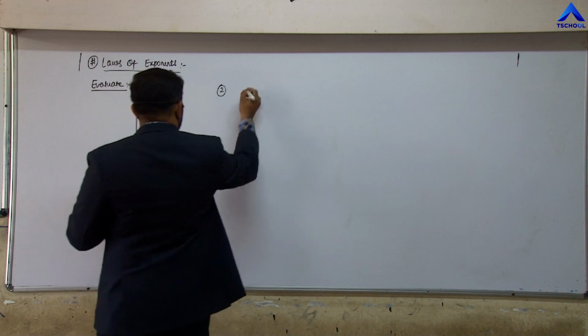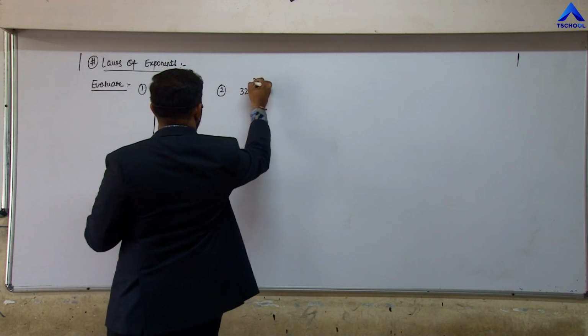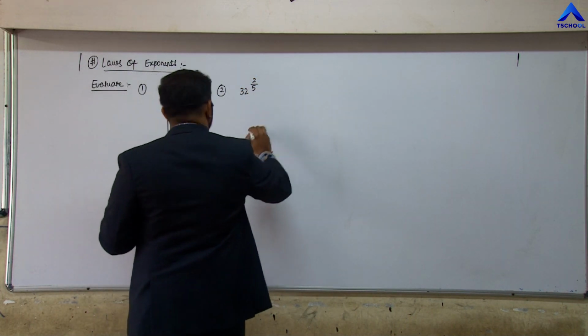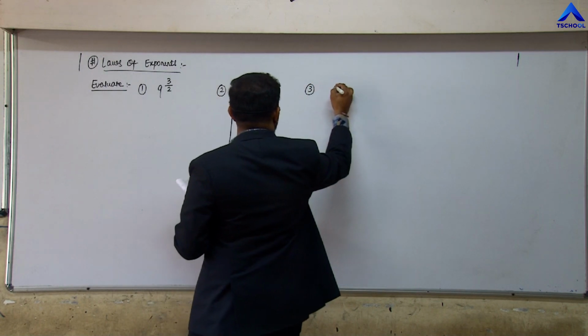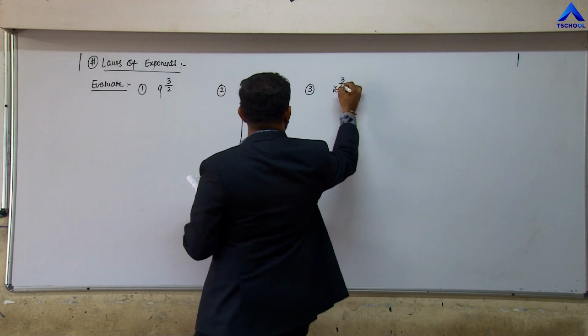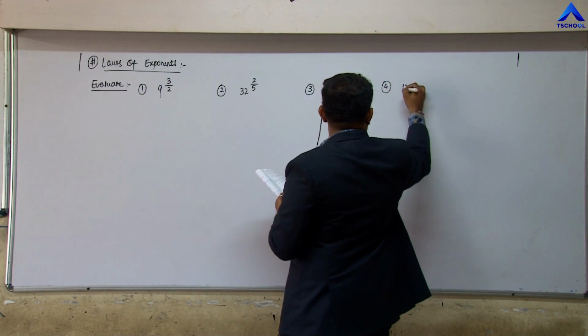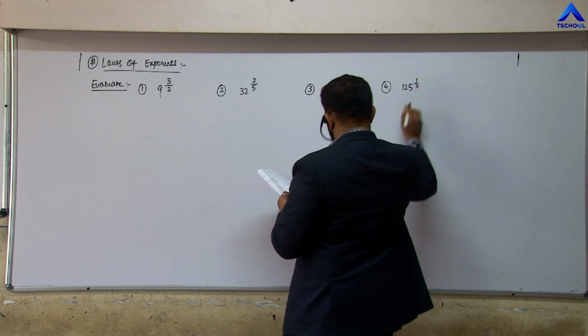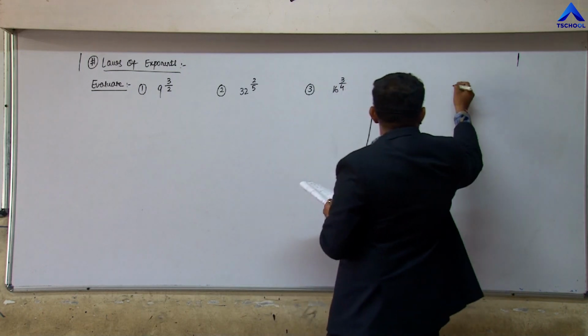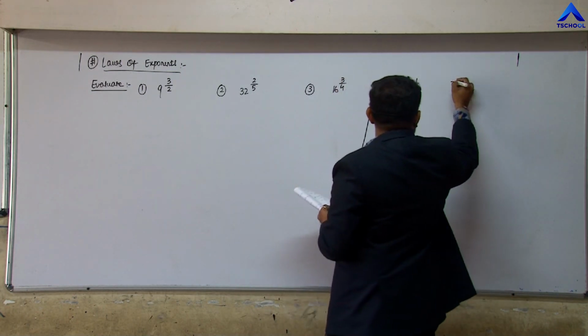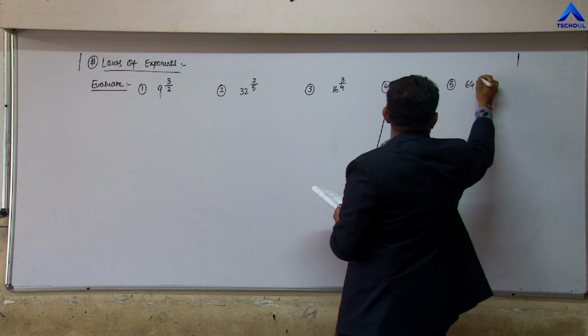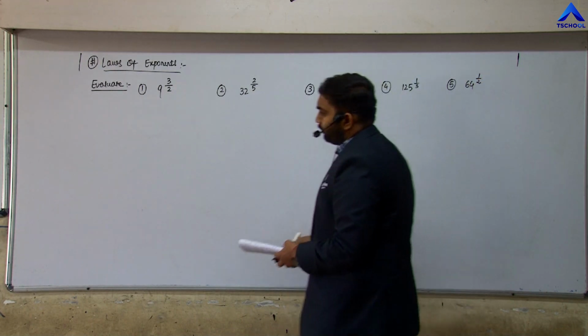Second one, 32 raised to 2 by 5. Third one, 16 raised to 3 by 4. Fourth one, 125 raised to 1 by 3, and the fifth one, 64 raised to 1 by 2, right?